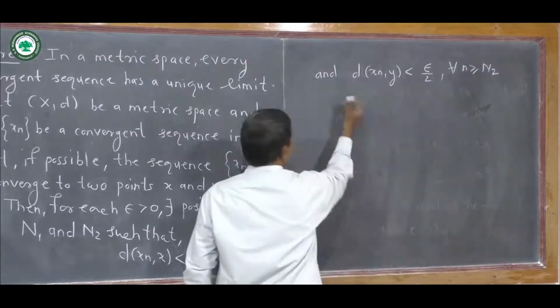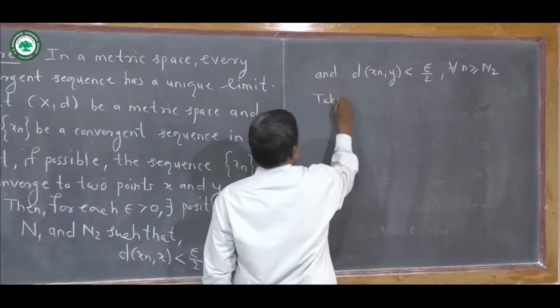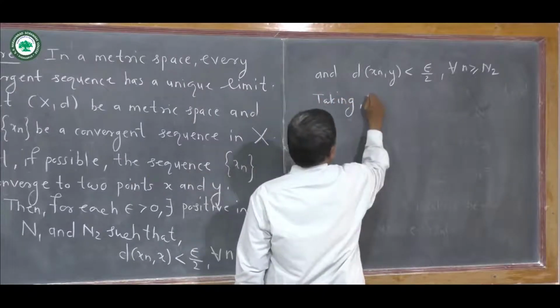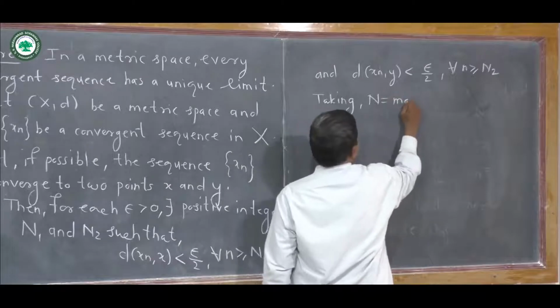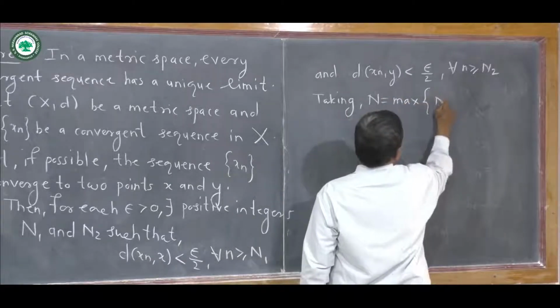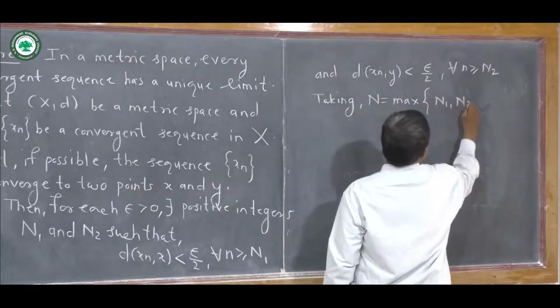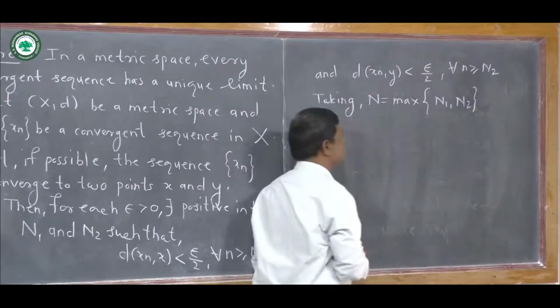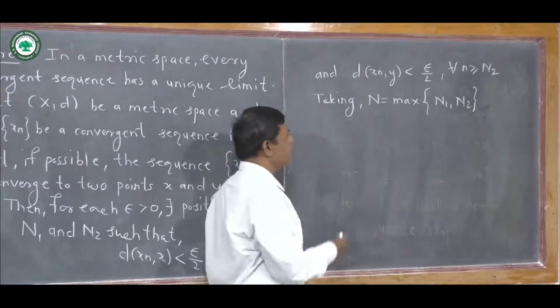Now here we take n equal to the maximum value of n1 and n2.